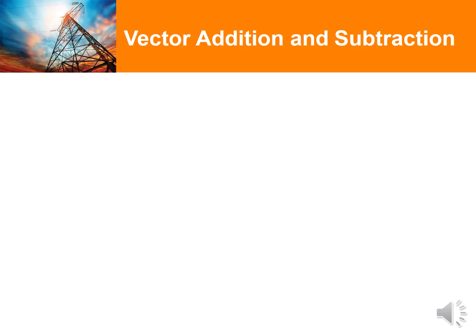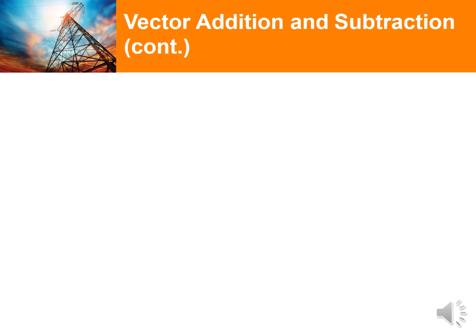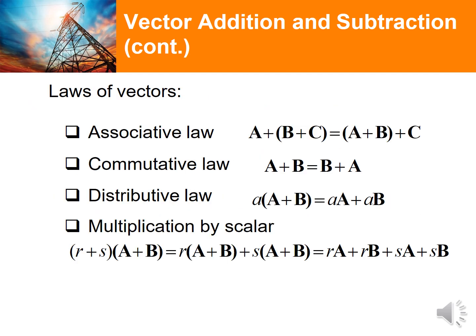Vectors can be added together, and on the other hand, vectors can be subtracted from one another. Vectors also follow several laws, including associative, commutative, distributive, plus multiplication by scalar laws.